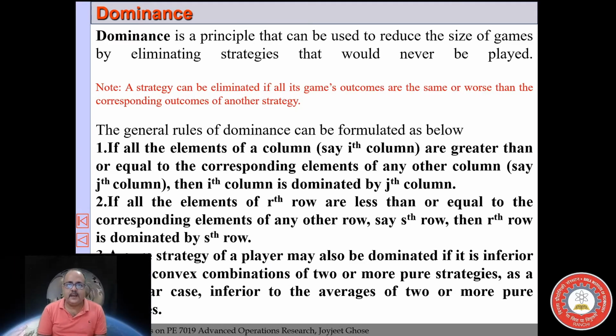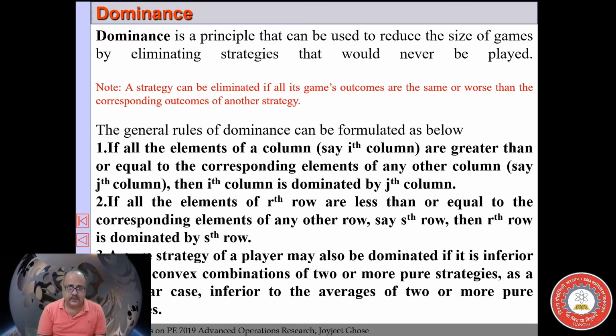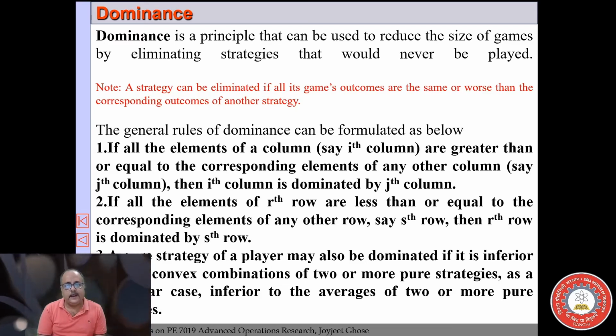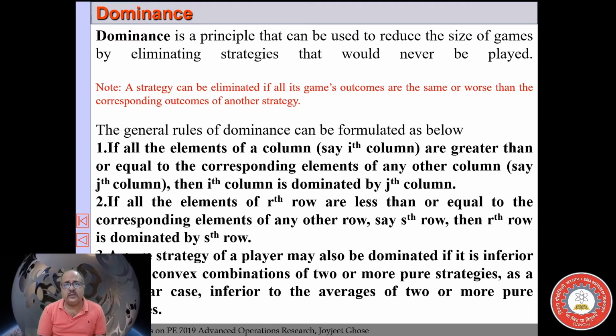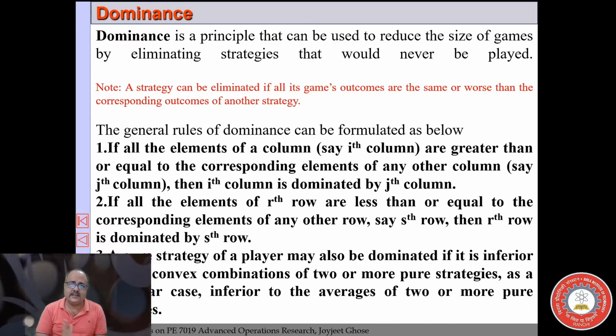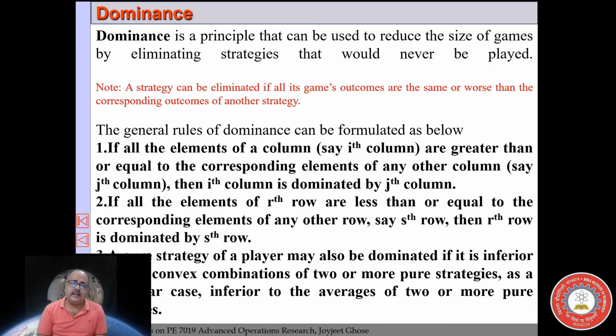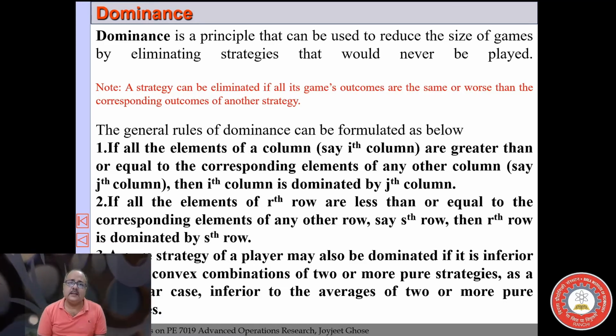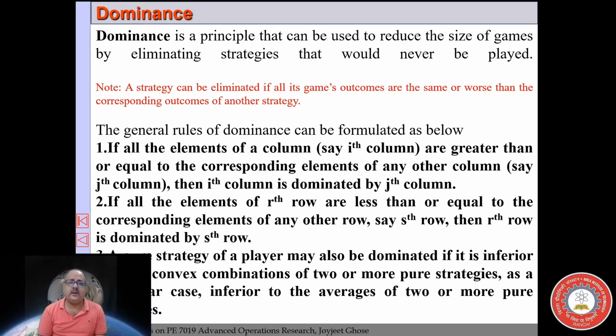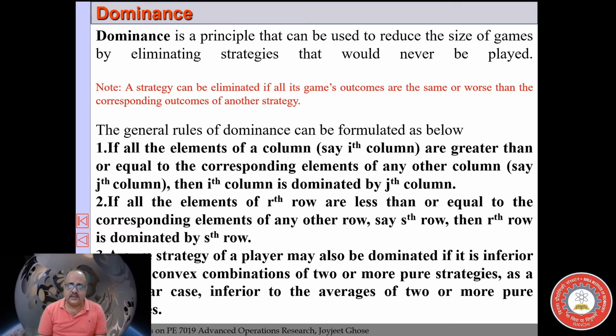It says that if all the elements of a particular row, or column, whatever it may be, let's say the rth row, are less than or equal to the average of the elements of two other rows, let's say the sth row and the tth row, then that rth row is said to be dominated and we can safely eliminate it. I repeat this statement again.